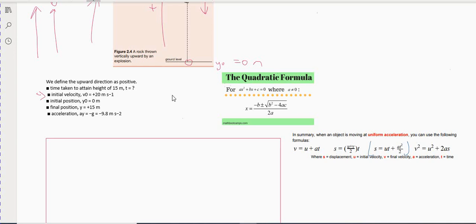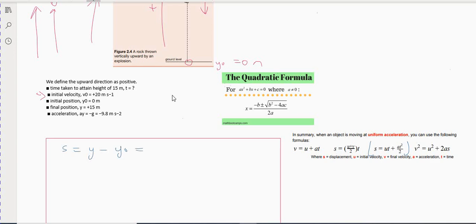So we know that s can be rewritten as, seeing that we're talking about s on the y-axis, we have to denote it by y. So our final minus our initial is what we always say that s is denoted as.